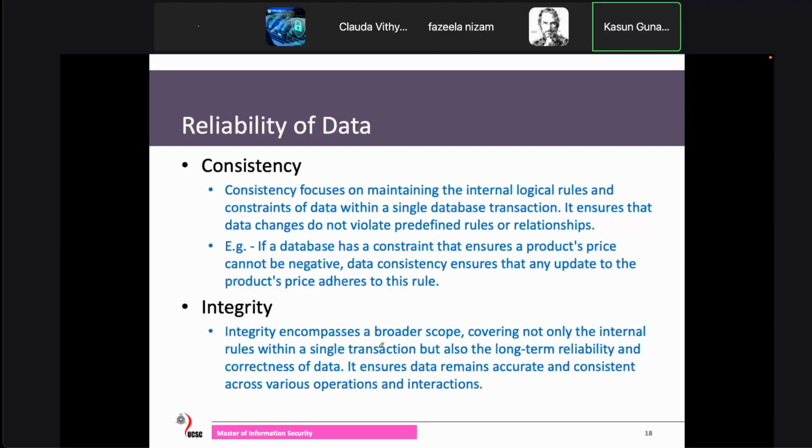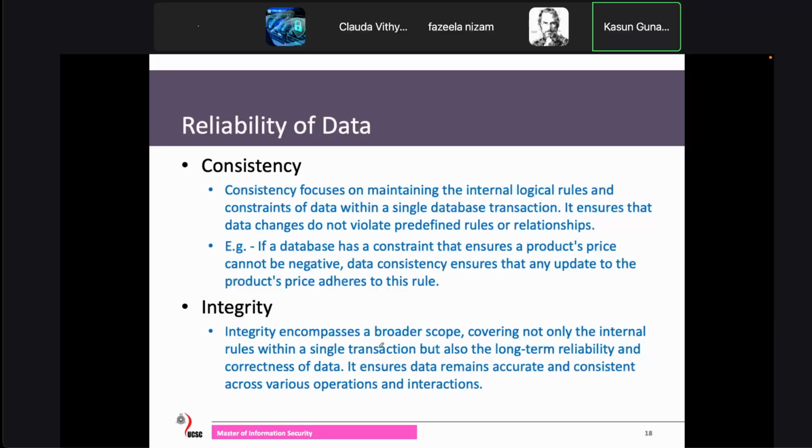Consistency is mainly focused on the validity of a transaction, while integrity is the overall health of data. So that is a little bit about consistency and integrity.